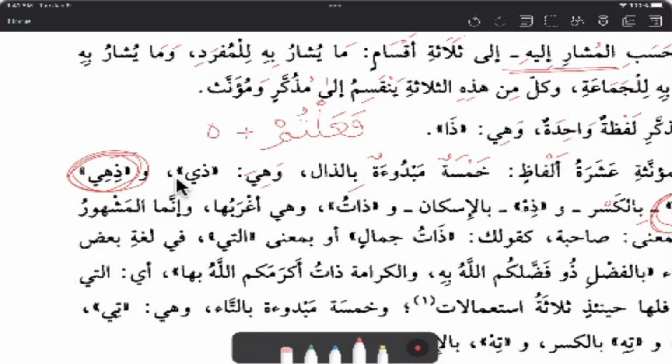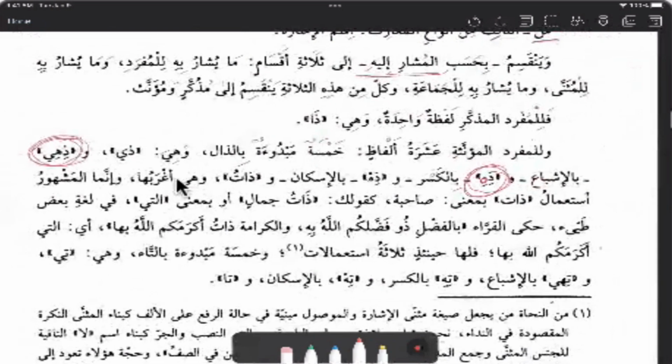Fa'altum, what would you say? You'd add a waw here. You'd say fa'altumuhu. What's that? That's ishba'. So it's just to give you some background there, or a couple examples for you.